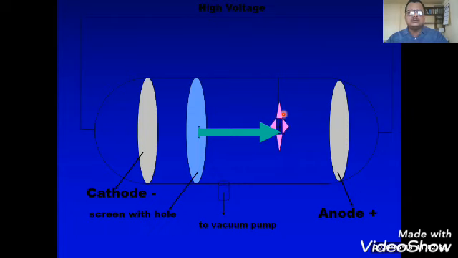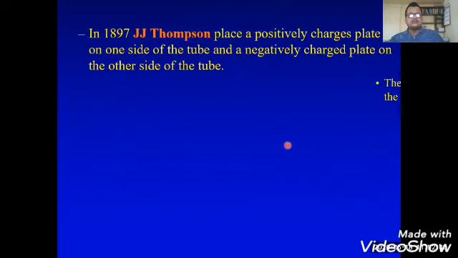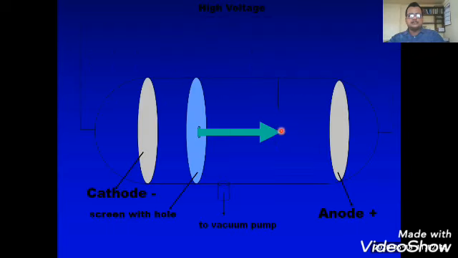A blade was hung in the path of the cathode ray, and you can see that this blade caused motion. This means this cathode ray must have contained some particles, and these particles hit this blade, and as a result, the blade was deflected.